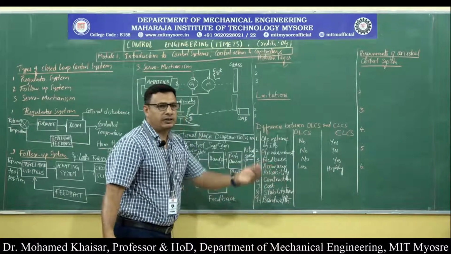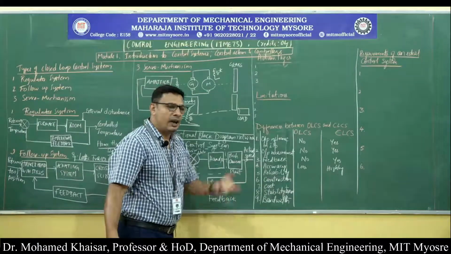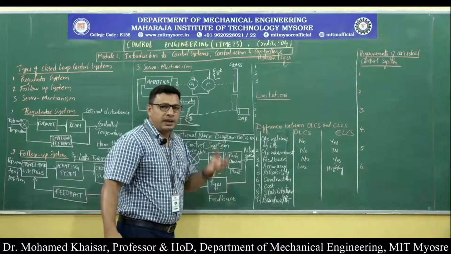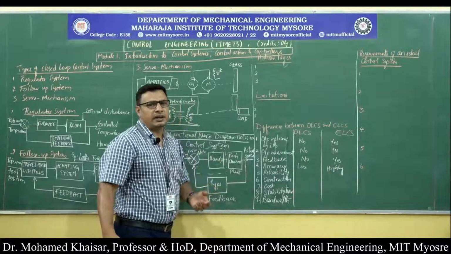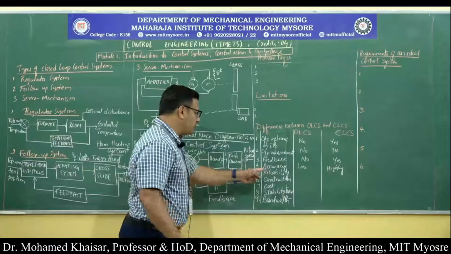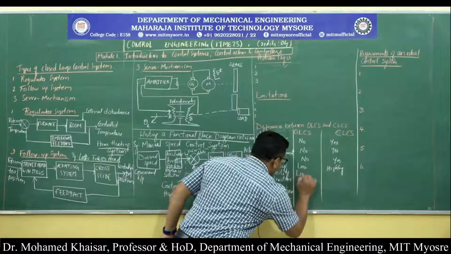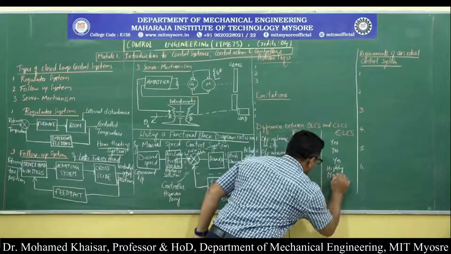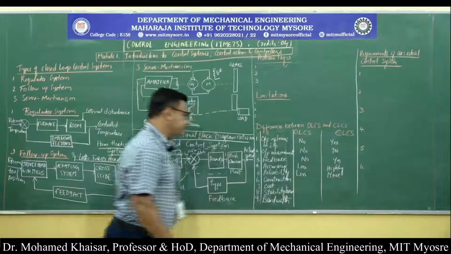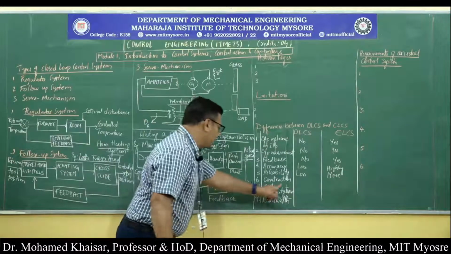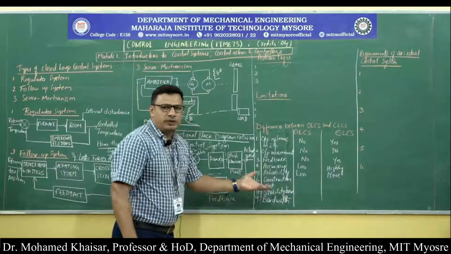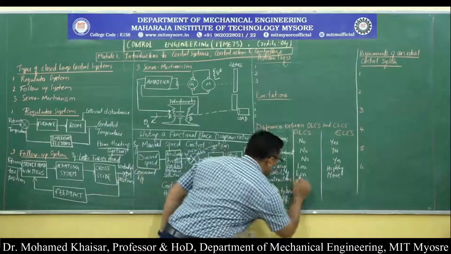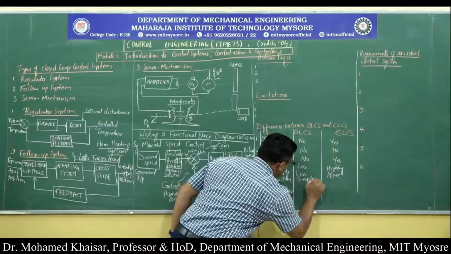You can rely easily on CLCS. Why? Output is measured, feedback is happening, and in every cycle, if there is an error, there is an effort to overcome that. Because of this, the open loop control system is less reliable and this system is more reliable.